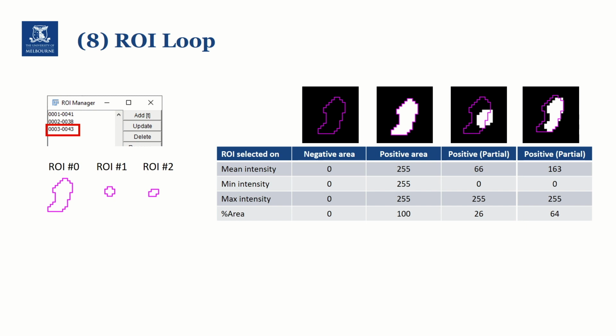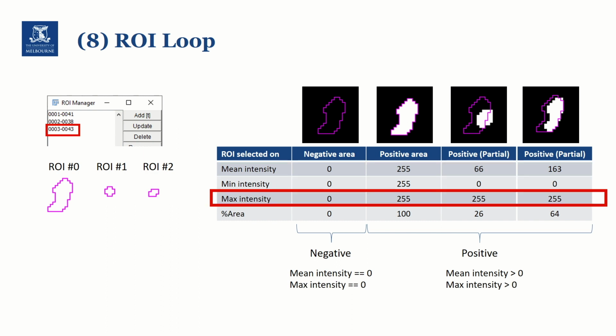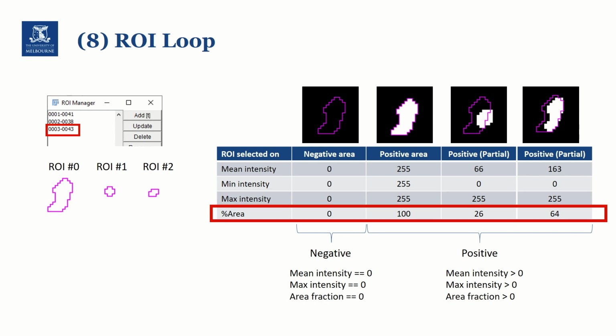For example, if we want to define this cell as negative and the rest as positive, we can set the condition for negative to be the average intensity equal to 0, and for positive, the average intensity is above 0. Or we can also use maximum intensity measurements, or even use the area fraction measurement. And in this case, we can just set up the criteria with one of these intensity measurements.